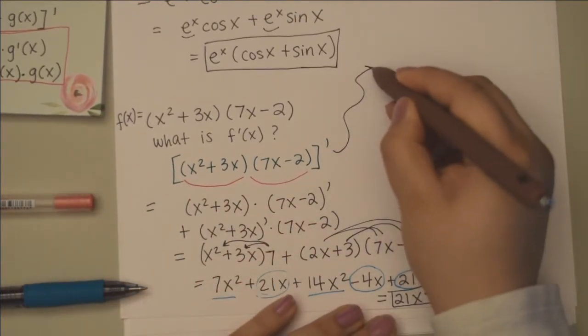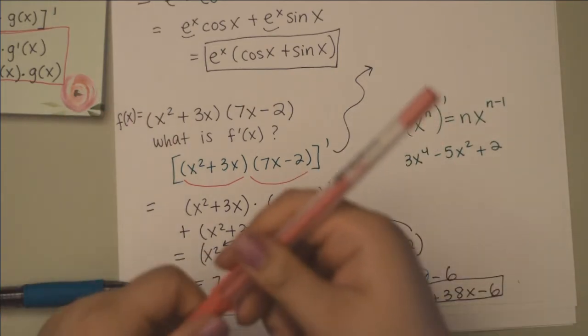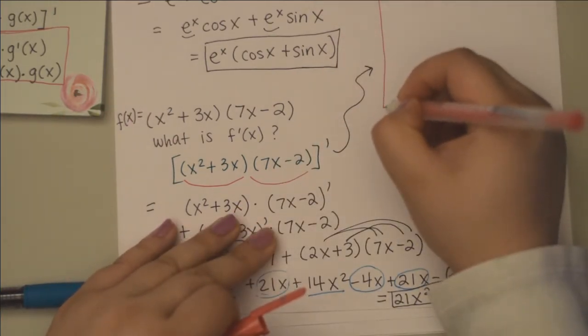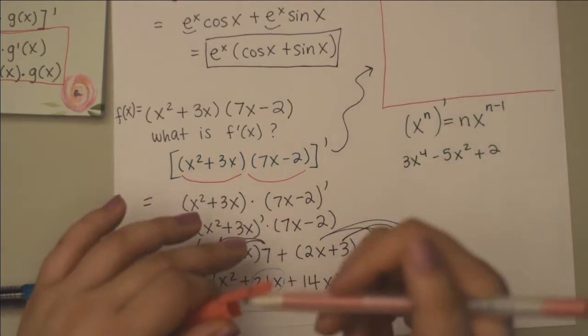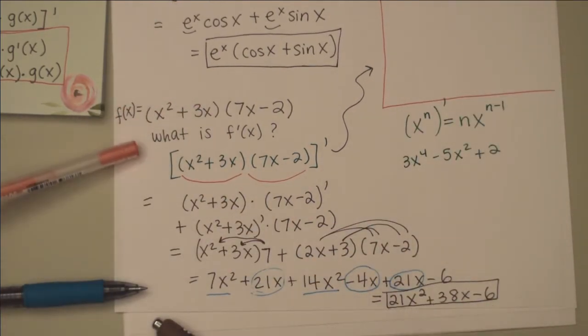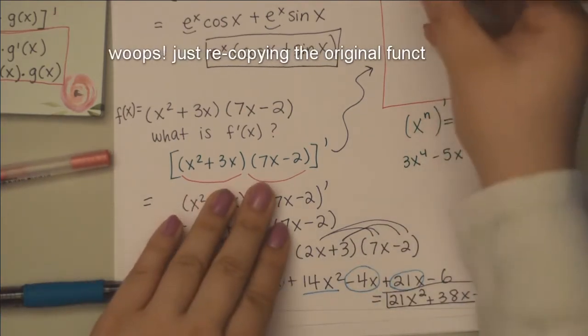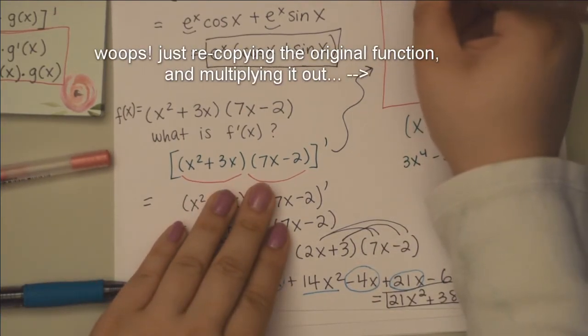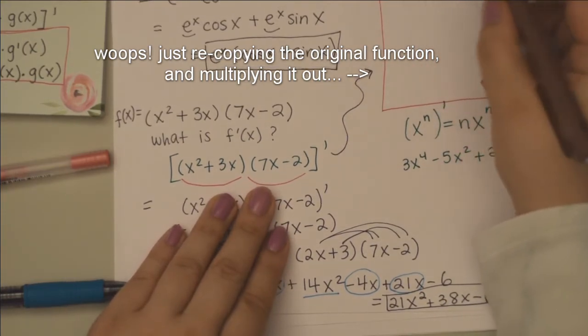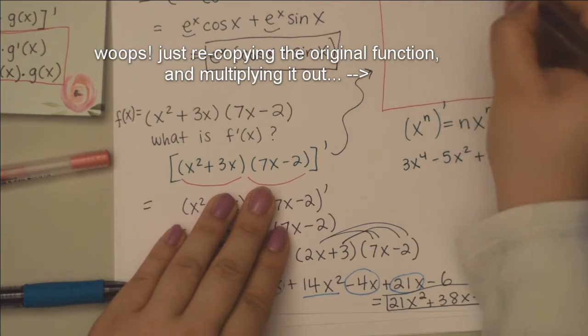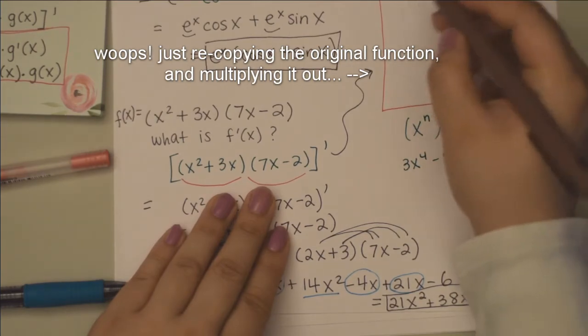Just going to multiply it out quickly to see if we got the right answer here. So we have x squared plus 3x times 7x minus 2. I'll just go ahead and FOIL that.